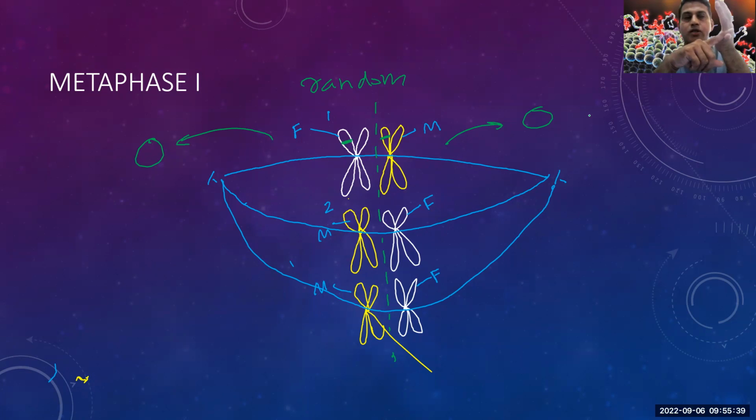These words, random assortment and independent assortment, are very important words. Sometimes we don't see them in the resource book because the Campbell book doesn't use these words, but they are standard words.